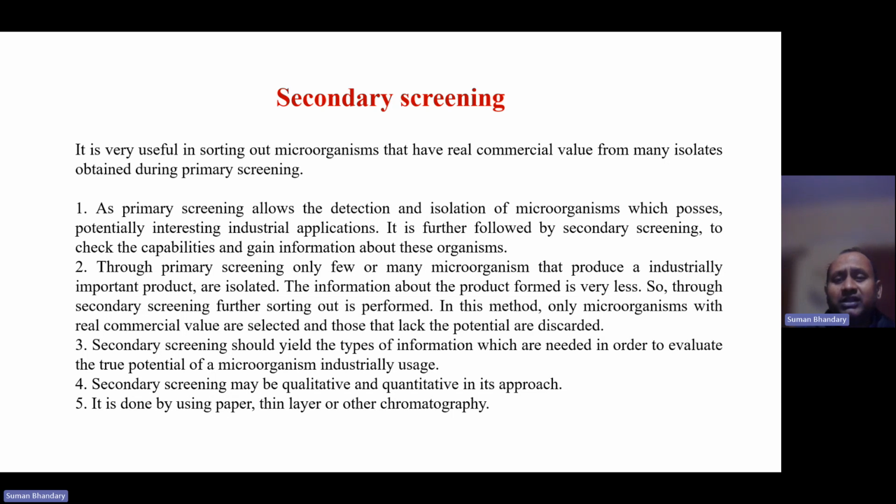Physical stability, chemical stability, biological stability of the product are to be screened in this particular secondary screening technique. And through this technique, we should reveal the physical properties of the product, and determine whether the product produced by the microorganism in a fermentative process is toxic or not.